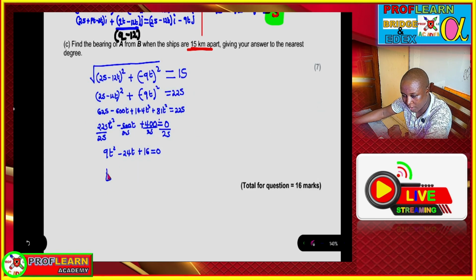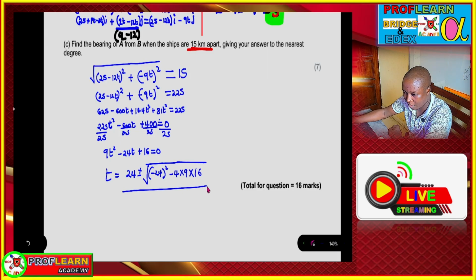So t is equal to 24 plus or minus the square root of minus 24 squared minus 4 times 9 times 16, divided by 2 times 9.